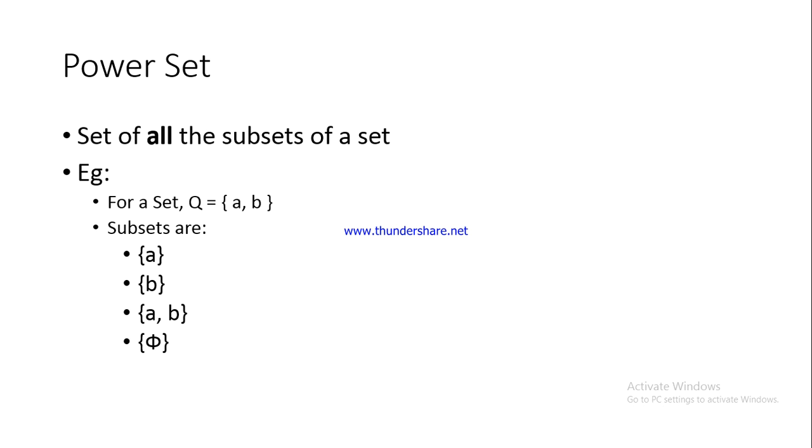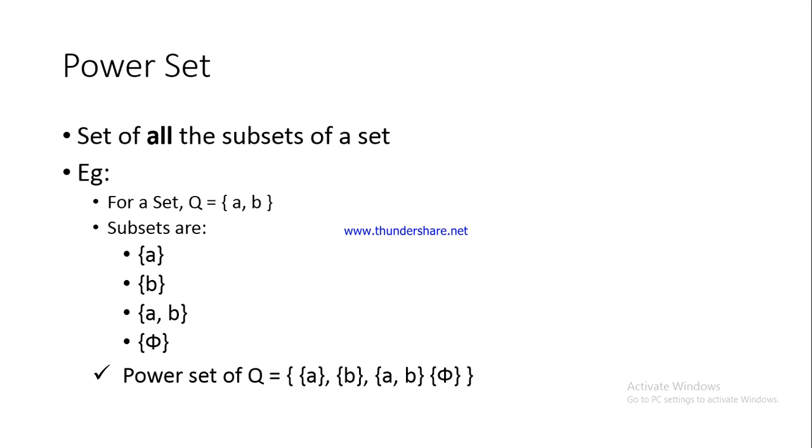Now if you create another set which includes all these subsets as its elements, then it will be called the power set. The power set will be A, this would be the first element, the second element is B, third element is AB and the fourth element is phi. Is this okay?